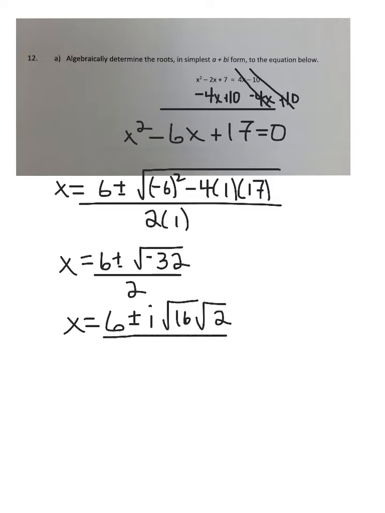Remember, you can always go into your calculator, go into y equals, and do 32 divided by x. Okay. So if you remember, the square root of 16 is just a regular 4. Please don't put a radical 4. It's a regular 4. So you're going to have x equals 6 plus or minus, and that is going to be 4i radical 2 over 2.